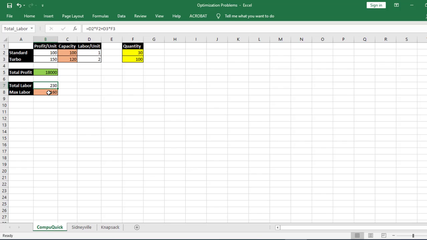It exceeds the maximum labor, so I cannot have this 100. So let's say it has 80. 80 also exceeds the maximum labor, so let's say it has 60. 60 doesn't exceed the maximum labor, however, it has a lower total profit. I know that the optimized one was 14,500. So if you try, guys, you can see that this is the maximum profit, and it is the optimized value.